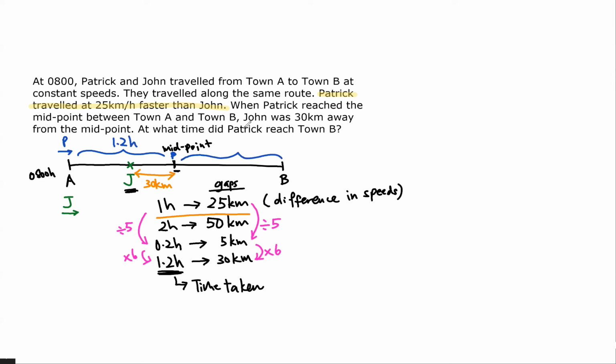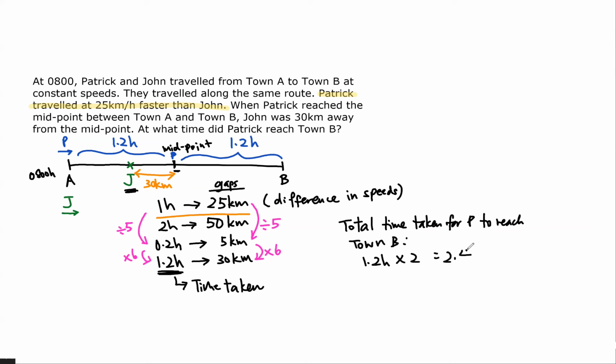Because he's not changing his speed, he's traveling at a constant speed, he will take another 1.2 hours to reach town B. So the total time taken for Patrick to reach town B will be 1.2 hours multiplied by 2, and that is 2.4 hours. The question is asking for the exact time that Patrick reached town B. So let me do a conversion. So 2.4 hours will be 2 hours and 24 minutes.